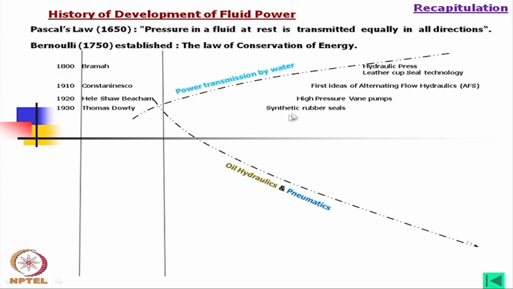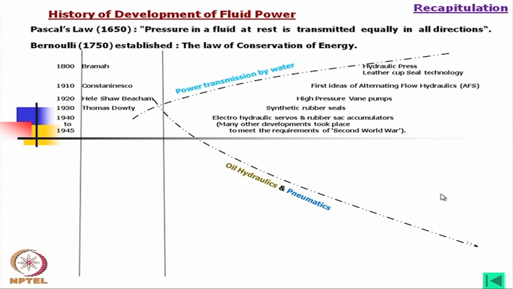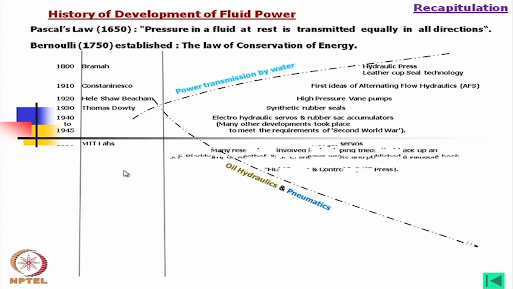After 130 years, the good seal was used, and only then onwards did fluid power become very popular. However, in the meantime, the electrohydraulic servo valve was introduced in 1940, 1945. But during this period, 1920, 1940, there was a tremendous growth of electrical machines also.